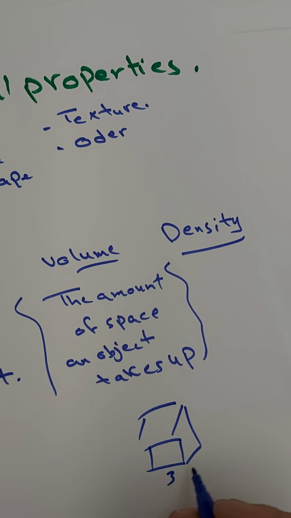So we have solid, we have liquid, and the last state of matter, we call it gas. So the three states of matter are solid, liquid and gas.